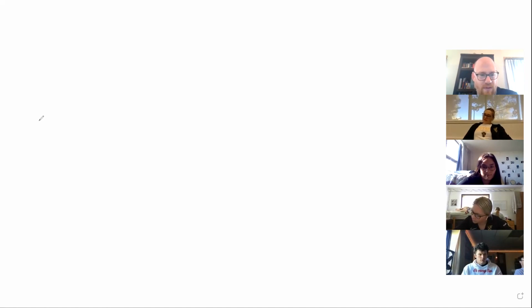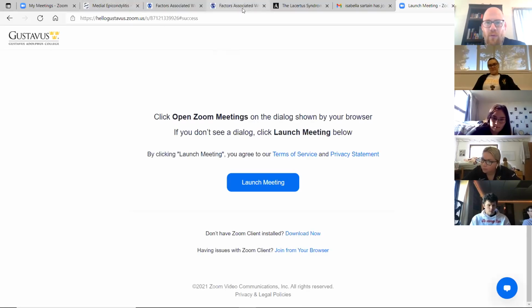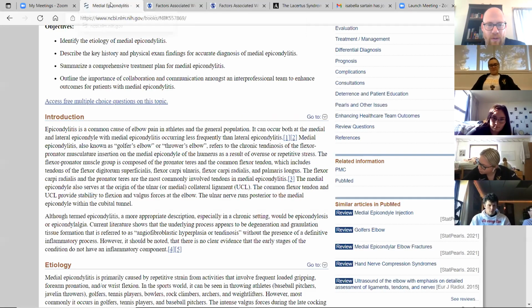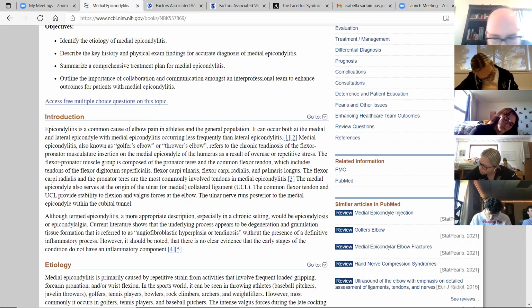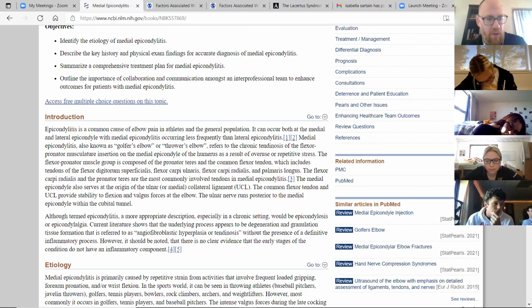All right, so let's talk a little bit more about these. Let's actually start off talking about medial epicondylitis. So here's the deal. Medial epicondylitis is also referred to as golfer's elbow or thrower's elbow. Remember, on the lateral aspect of the arm, we've got tennis elbow. On the medial aspect of the arm, we have golfer's elbow, or thrower's elbow.